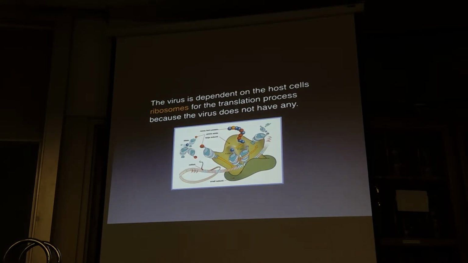And once you have messenger RNA, that messenger RNA goes to the host cell ribosome. Viruses aren't cellular, they don't have ribosomes. So they're using the host cell machinery to build the proteins that they need. This is a strange version of a ribosome that is showing the A site and the P site and so forth. Anyway.